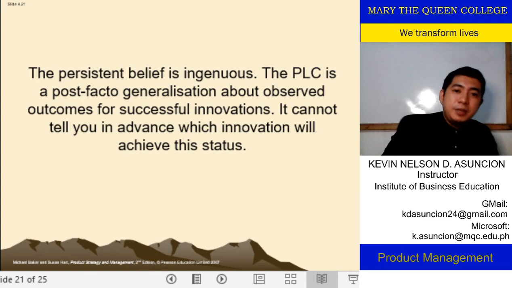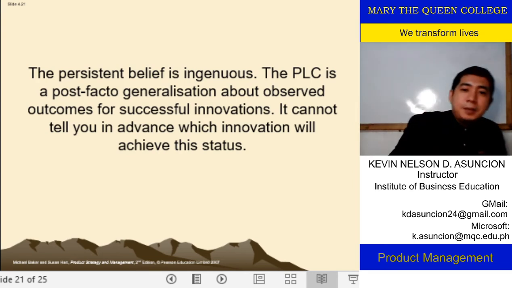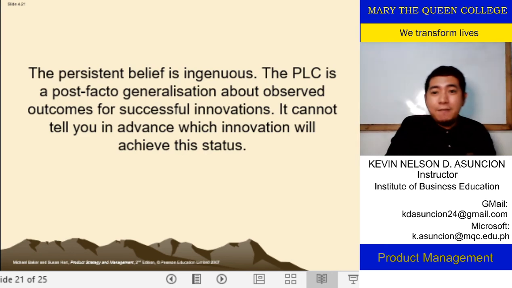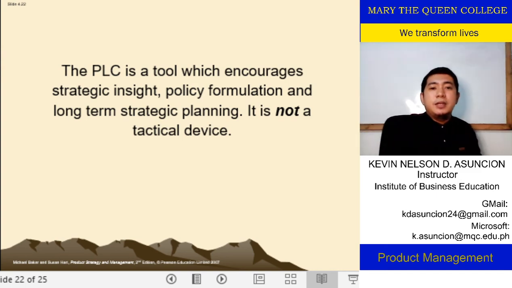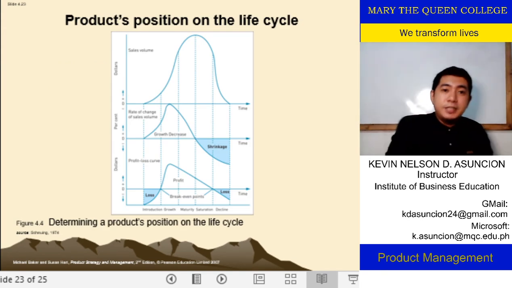So the persistent belief is ingenuous, and the PLC is a post-factor generalization about observed outcomes. Again, that's the idea. It's reflecting observed outcomes. Okay, the PLC is a tool which encourages strategic insight, policy formulation, and long-term strategic planning. And it's not a tactical device. So, the product's position on the life cycle.